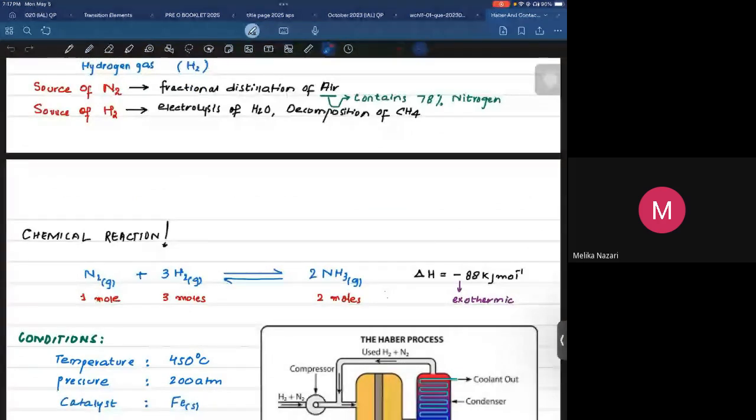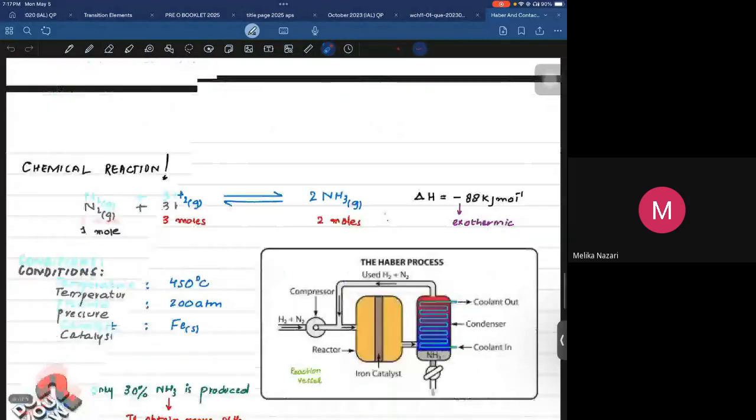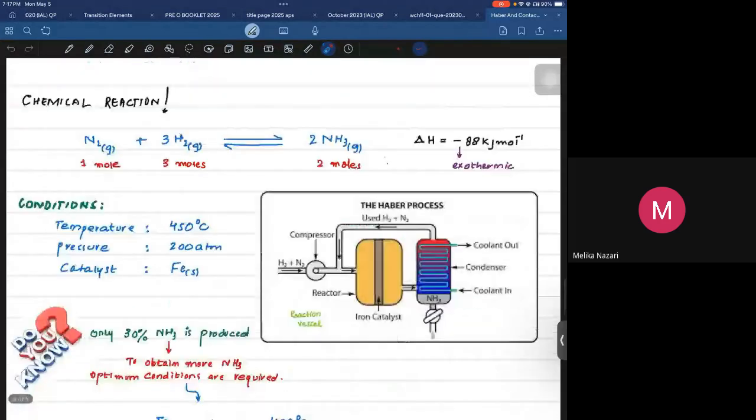There was a scientist named Fritz Haber. He prepared ammonia by this process, and he mentioned some conditions: the temperature should be 450 degrees Celsius, the pressure should be 200 atmospheres, and the catalyst is iron.